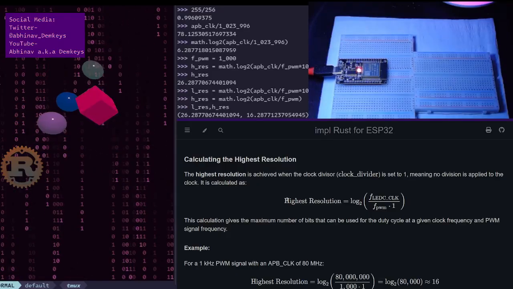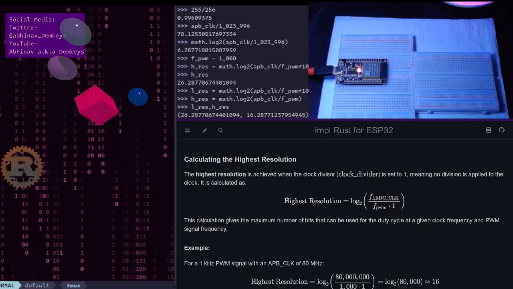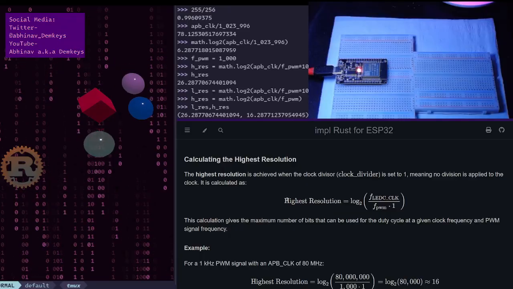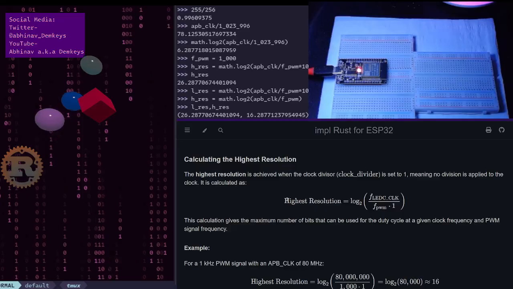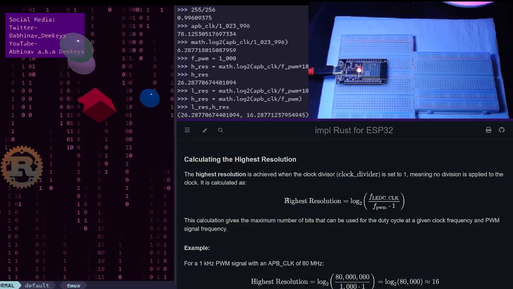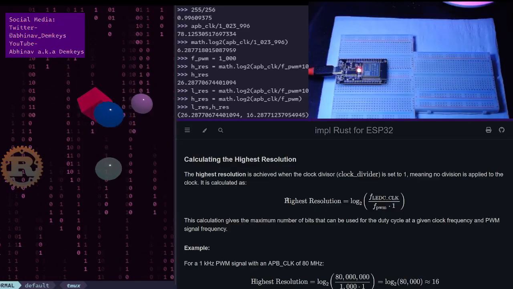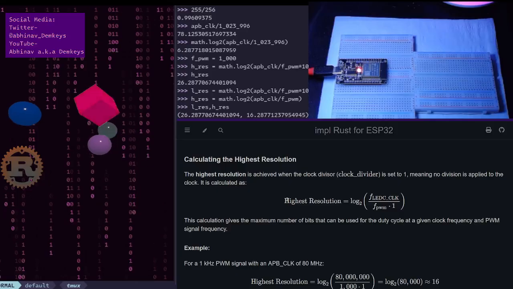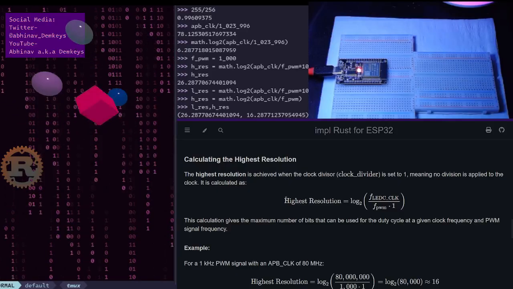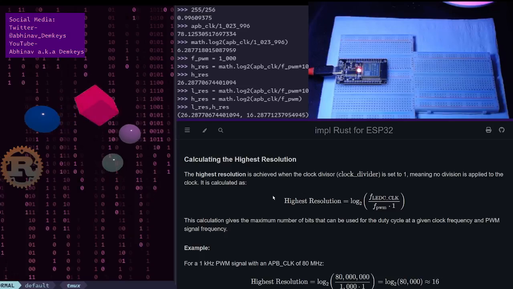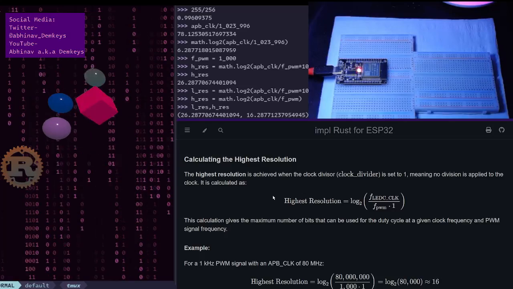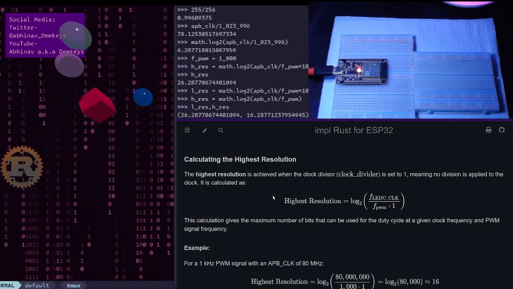You can set your resolution anywhere between 7 bits and 16 bits. If you try to set it to 20 bits, the clock isn't fast enough. It's physically impossible. If you try to set it to 4 bits, the clock divider can't go high enough to slow the clock down that much for a 1 kilohertz signal.